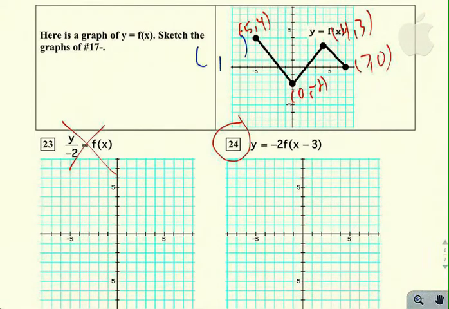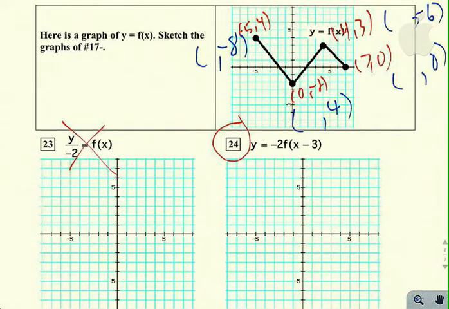For -5, 4, the y will become -8. For 0, -2, the y will become 4. For 4, 3, the y will become -6. And for 7, 0, the y will still be 0.